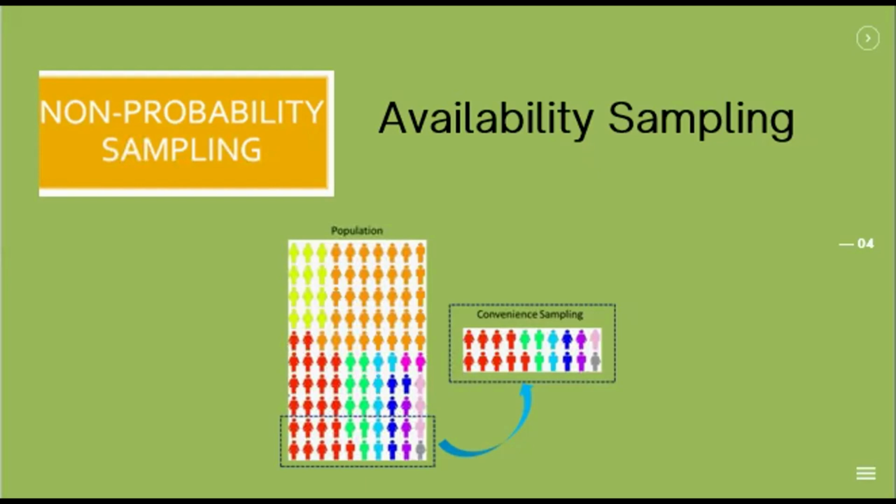Under the sampling design, the sample elements are selected from the target population based on their availability, on the convenience of the researcher, and or they voluntarily take part in your research study. Or maybe it is a self-selection.